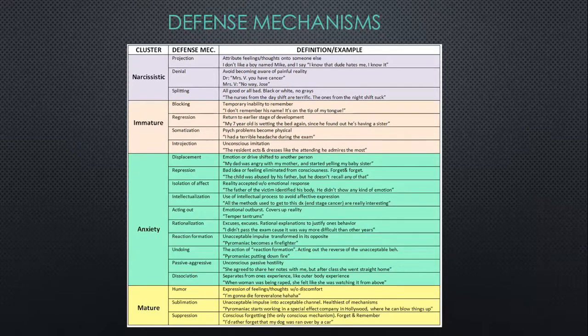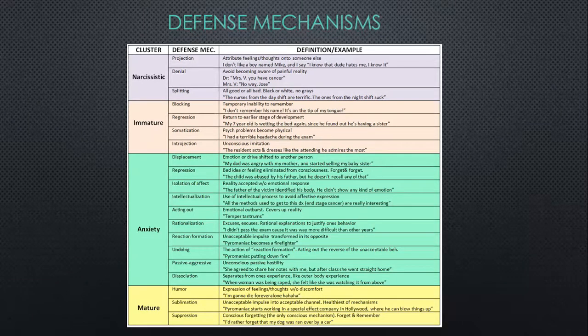And mature defense mechanisms are generally a little bit more productive for the patient, and that's why they're called mature. And so these are things like humor. Using humor can really help people process the reality a little bit better than some of the other defense mechanisms. There's sublimation, which is channeling unacceptable impulses into acceptable channels.